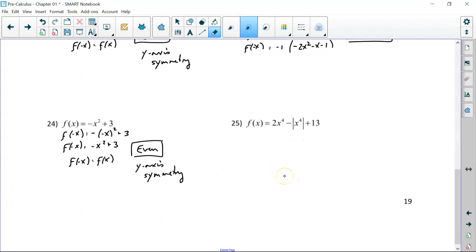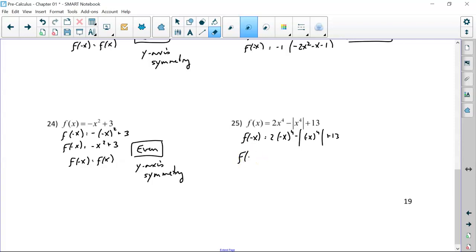And this one's a little bit weird because it has the absolute value bars, but let's just go through our normal process. Negative x: 2 times negative x to the fourth minus the absolute value of negative x to the fourth plus 13.